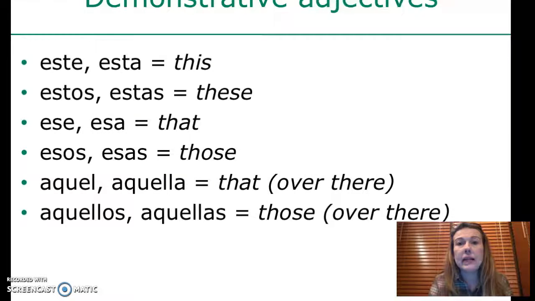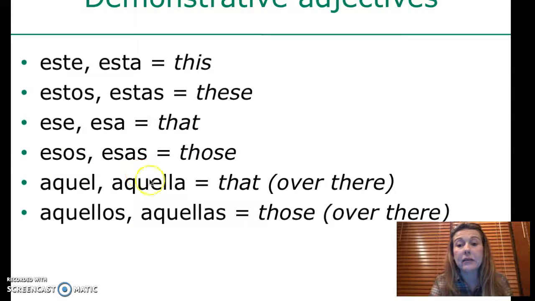So clase, let's look at what our demonstrative adjectives are in español. We have este and esta, right? So this is our masculine and this is our feminine, and both of them mean this. Estos y estas are the plural forms, significan these. Ese y esa, that. Esos y esas, those.